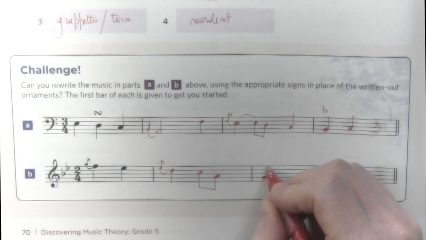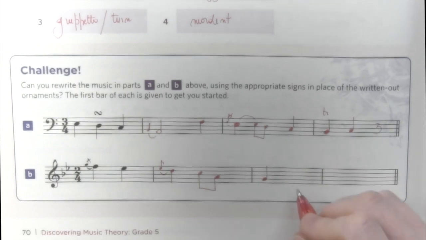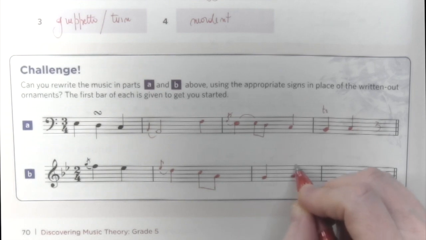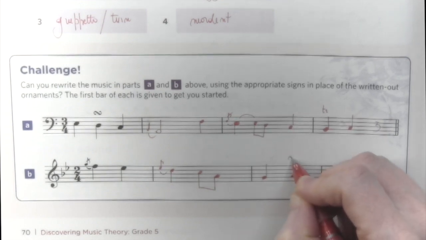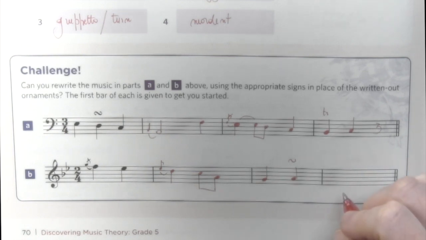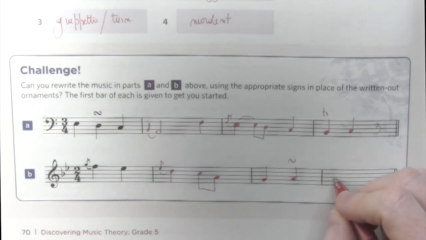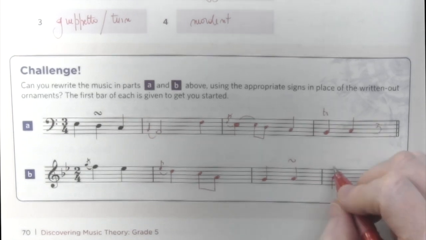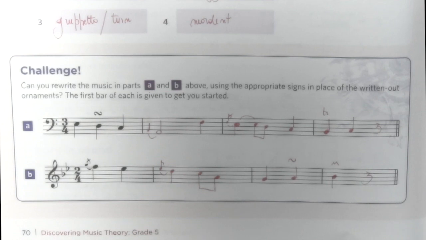And we also have a crotchet, and now we have another crotchet with a turn. Therefore, here it is. Lastly, we have a mordent on just one note, which is a crotchet, and this. So this is it.